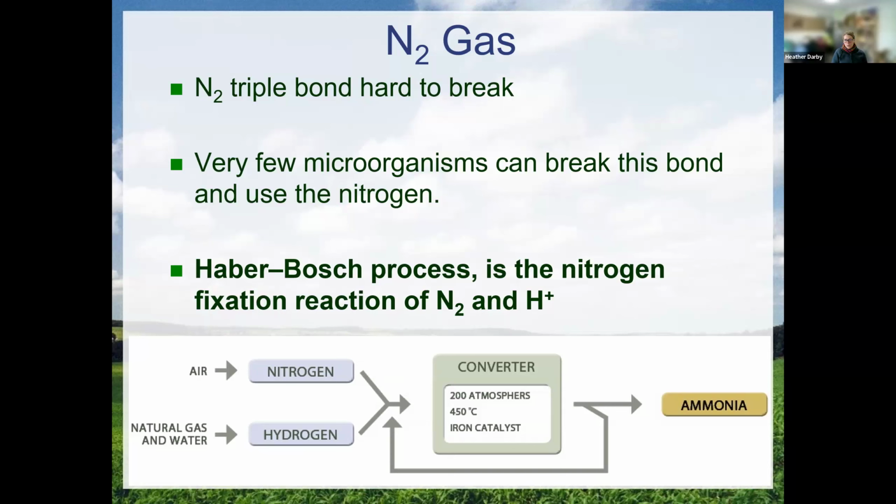And I think some people know the history behind the Haber-Bosch process. But really what came of it, even though it was developed for making bombs, was nitrogen fertilizers. And probably the biggest use of the Haber-Bosch process today is to make nitrogen fertilizers for food production.